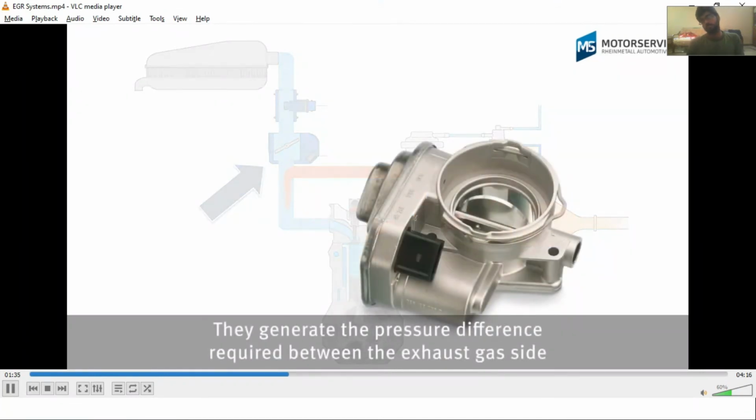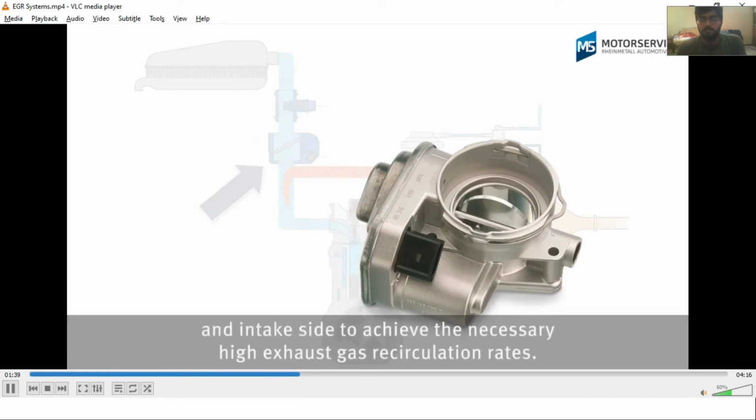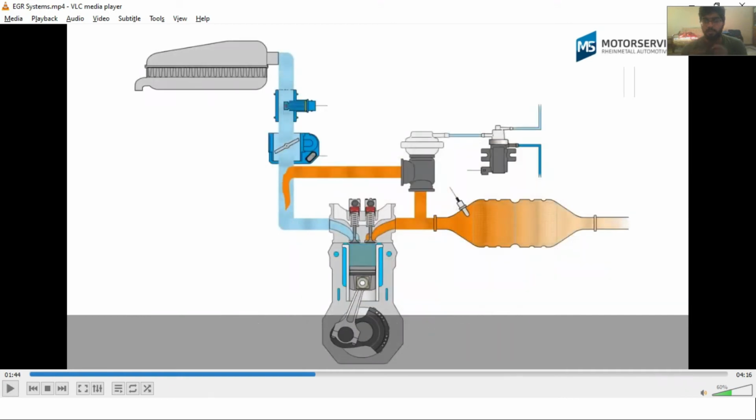They generate the pressure difference required between the exhaust gas side and intake side to achieve the necessary high exhaust gas recirculation rates. So again, this was all about this throttling valve. It is basically controlling the amount of the air which is going in, and not only that, it is also allowing the desired amount of the exhaust gas which is needed to be recirculated.